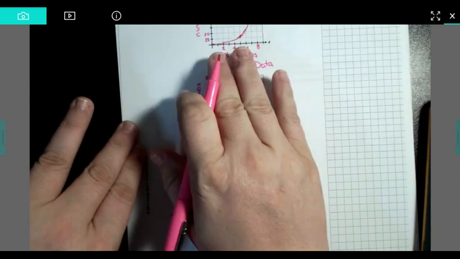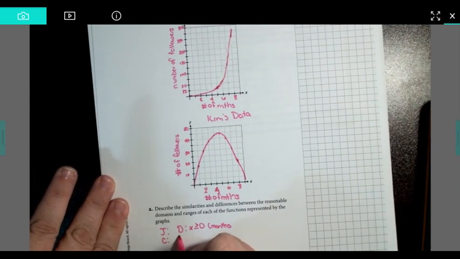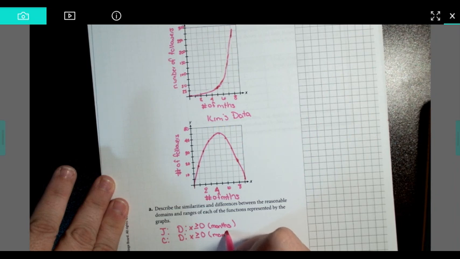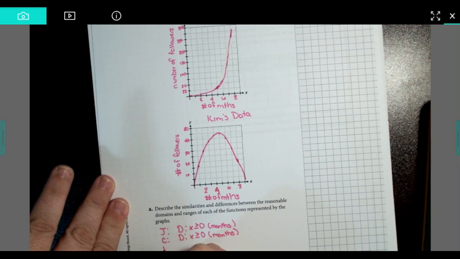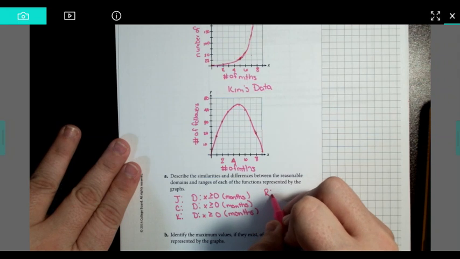What do you think about Cheyenne's graph and her domain? Her domain would also be x greater than or equal to 0 because we're talking about the number of months. And of Kim's data, it is also going to be x greater than or equal to 0 because we're dealing with the number of months. Let's talk about their ranges.